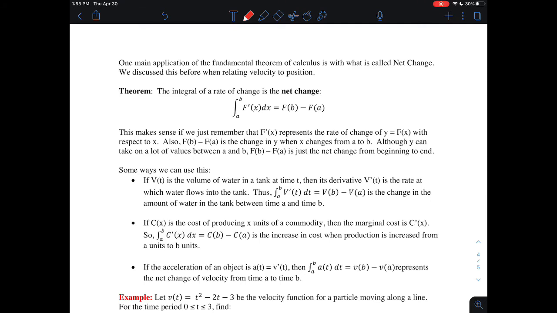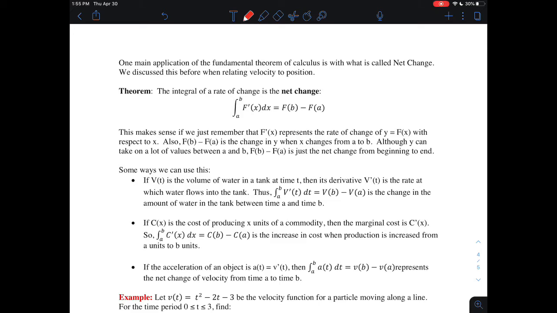So then one main application of the fundamental theorem of calculus that we saw is with what we call net change. We had discussed this before when we were relating velocity to position. So here's a theorem. The integral of a rate of change is the net change.